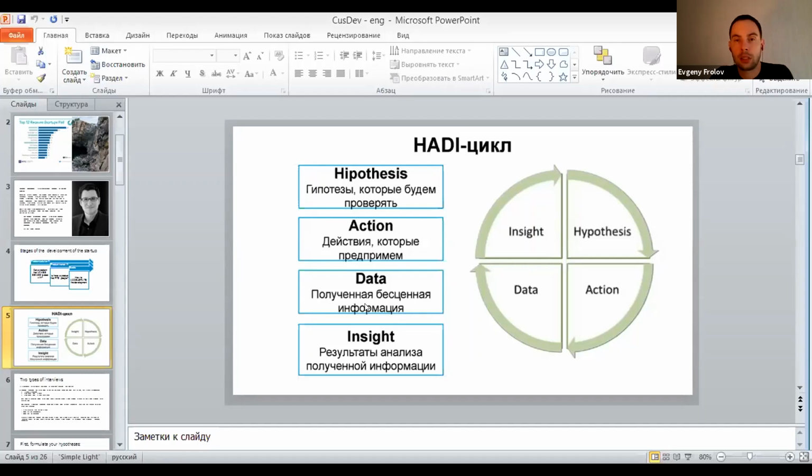I'm working now with one of the biggest corporations on the Russian market, and they also use such an approach with weekly iterations, with HADI cycles, and they use it for project management. So I would say it's a very interesting and efficient instrument. And if you need this traction map, please ask me after the session.